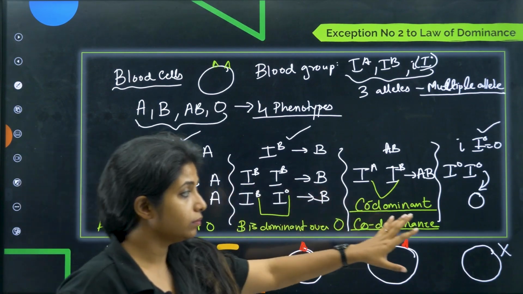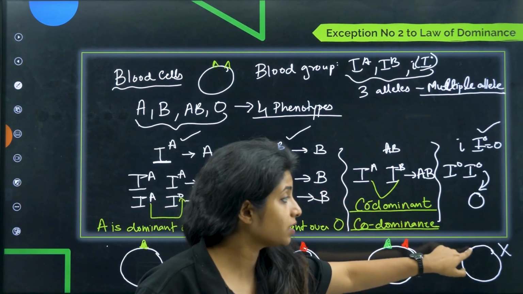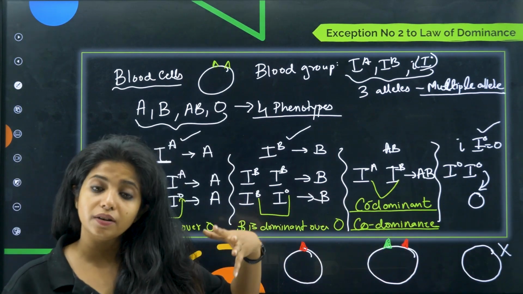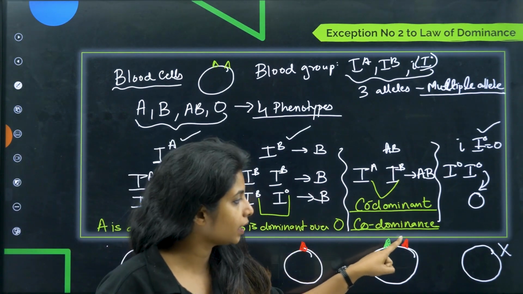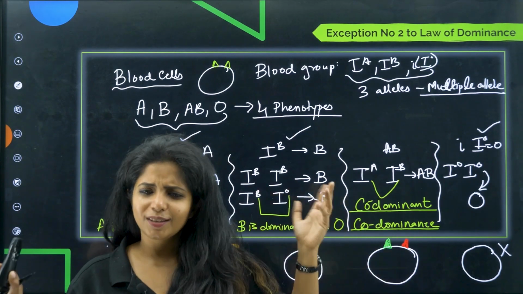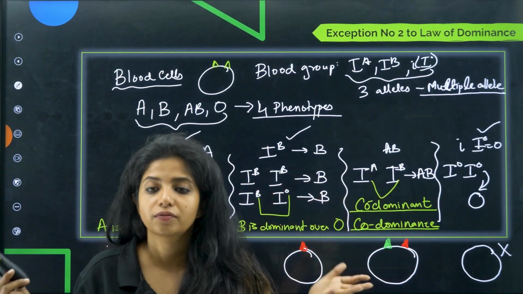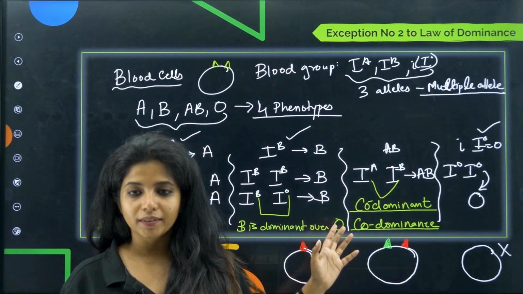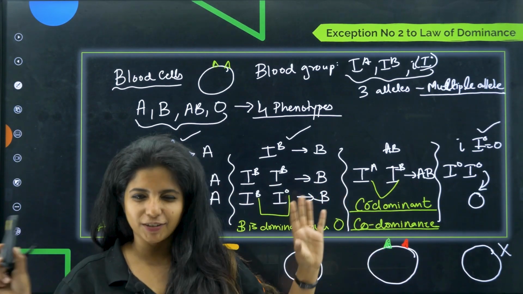O was known as universal donor because it did not have any proteins on its surface, whereas AB was known as universal recipient because it has both A and B. So, anyone can give. It has both the proteins anyway, so not a problem. For our body, it won't be foreign if someone gives A blood group or B blood group.